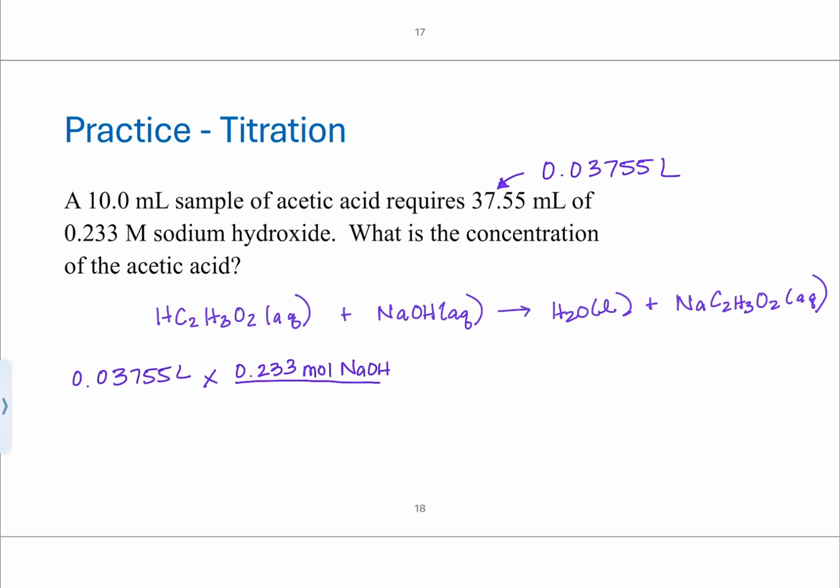and use our molarity. We can use molarity as a conversion unit. So if we look at our molarity, which was given as 0.233, what molarity is telling you is that you have 0.233 moles of sodium hydroxide per liter.